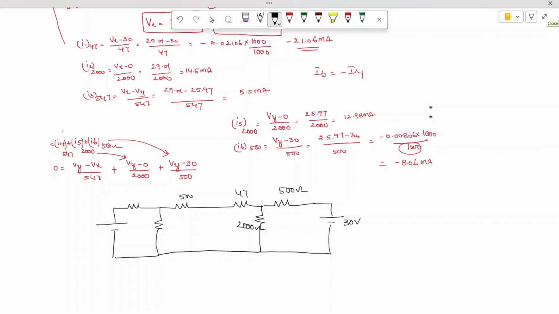So 30 volts we are exciting at the input side as well as at the output side. This is a 47 ohm resistor, this is a 2000 ohm resistor, this is a 500.